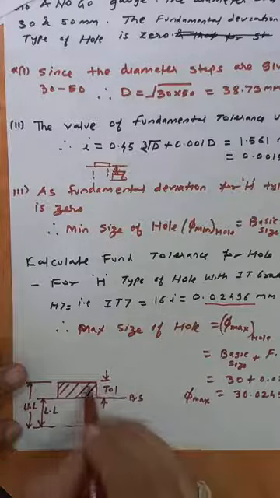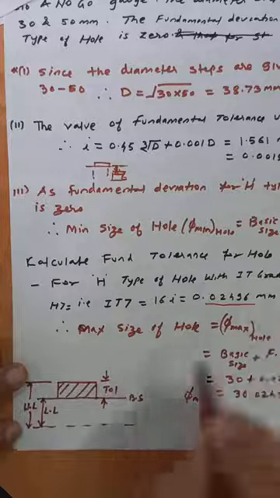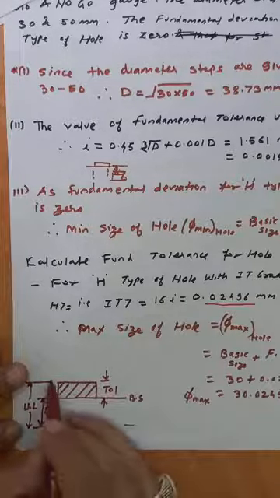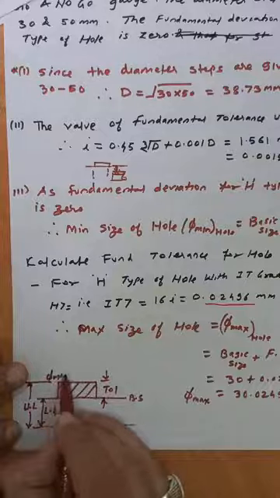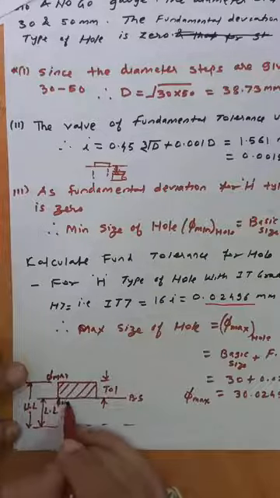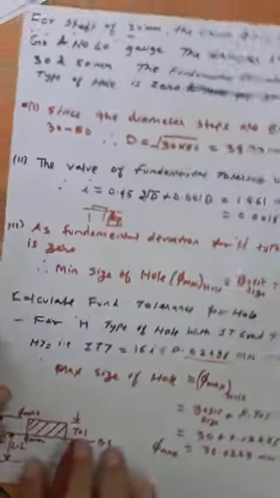This is the phi maximum, and this will be the phi minimum for hole.